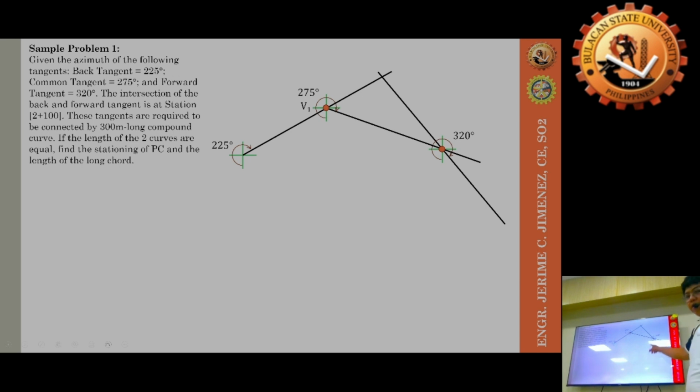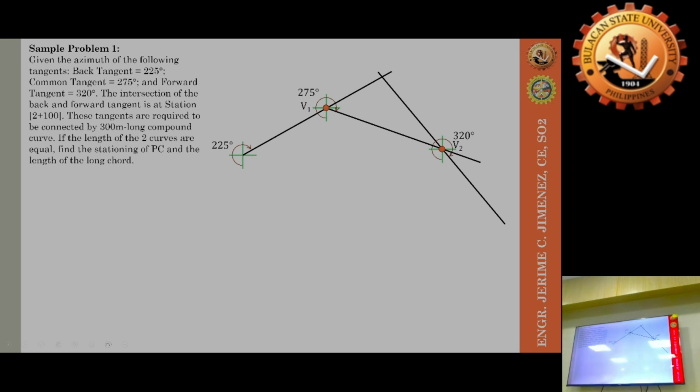At ito naman yung magiging V sub 2. Okay? So ganun yung pagdodrawing, no? Back tangent, common tangent, forward tangent. Kung tatlo yan, back tangent, common tangent 1, common tangent 2, forward tangent. Okay?